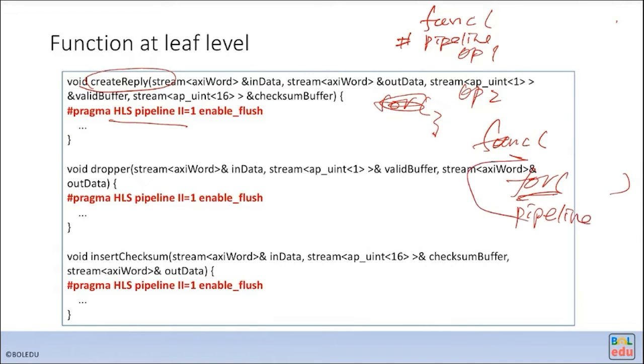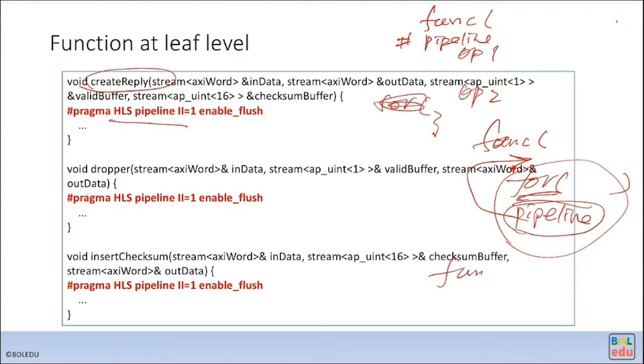You don't put the pipeline at the function level, because then the for loop will unroll, and unrolling consumes too much resource. So you put the pipeline inside the for loop.